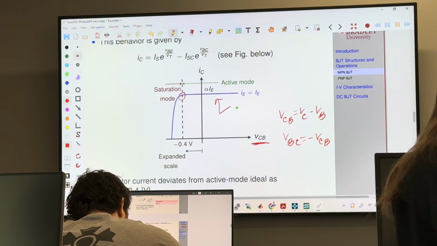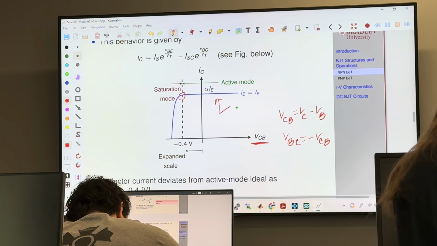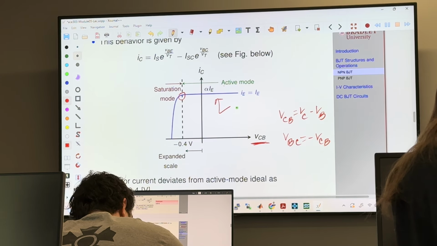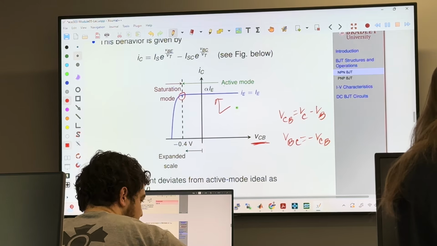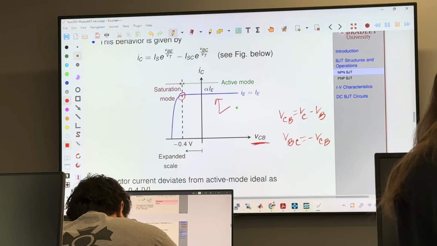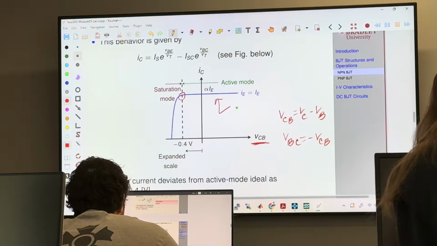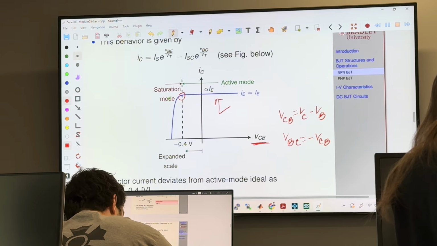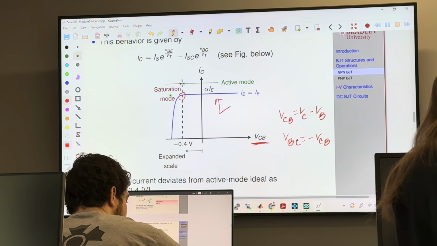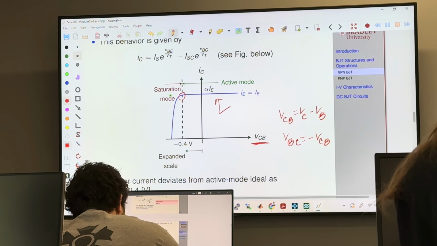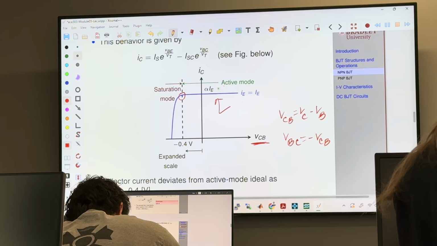In saturation mode, we use this BJT as a switch, either make this transistor look like a piece of wire, or make it just like an open circuit. And in active mode, we use this BJT as an amplifier.